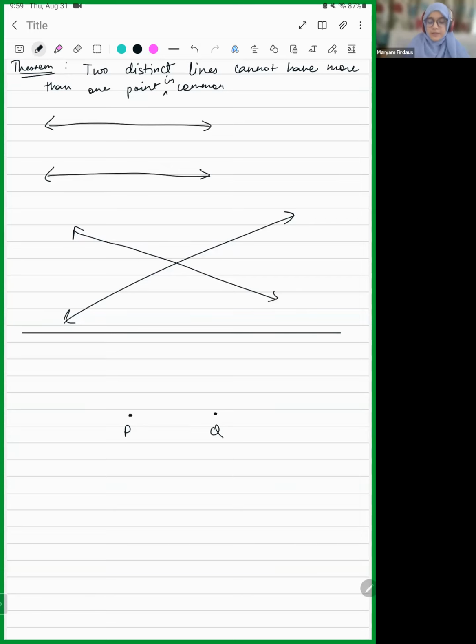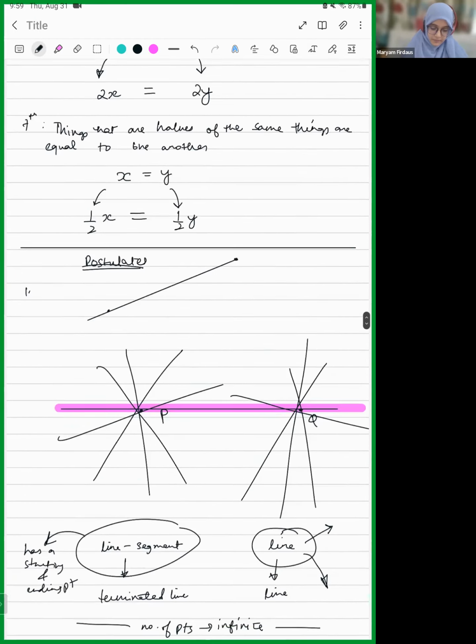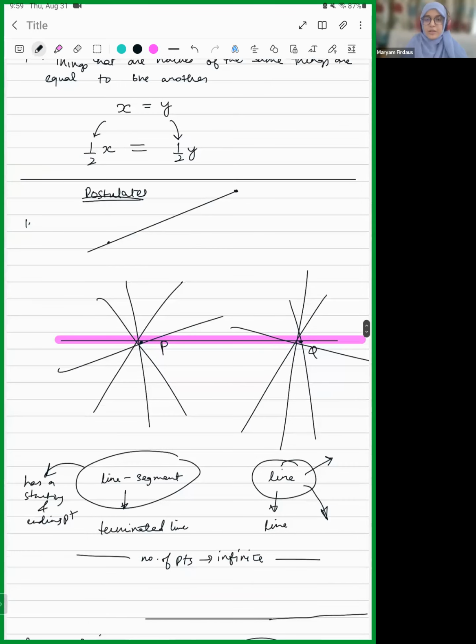But the first postulate says that only one line can pass through two distinct points. Look here. Only one line can pass through two distinct points.